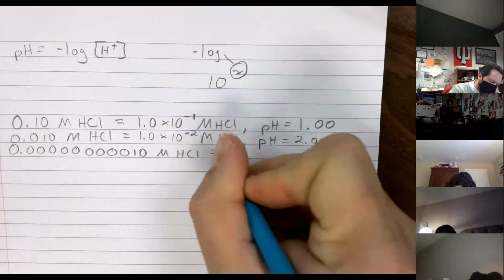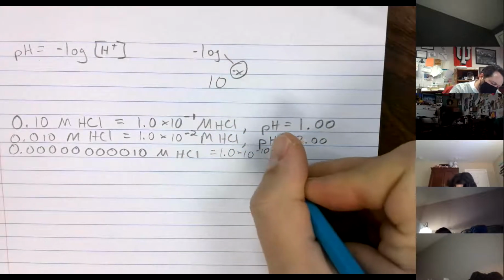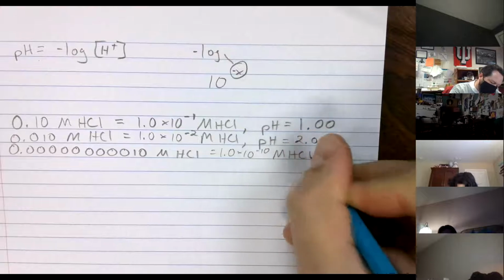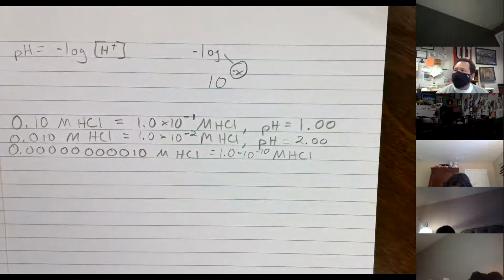So that means we're at 1.0 times 10 to the negative 10th molar HCl. I just warned you it's a trick, so more than likely no one's going to give us a shot at this, are they?